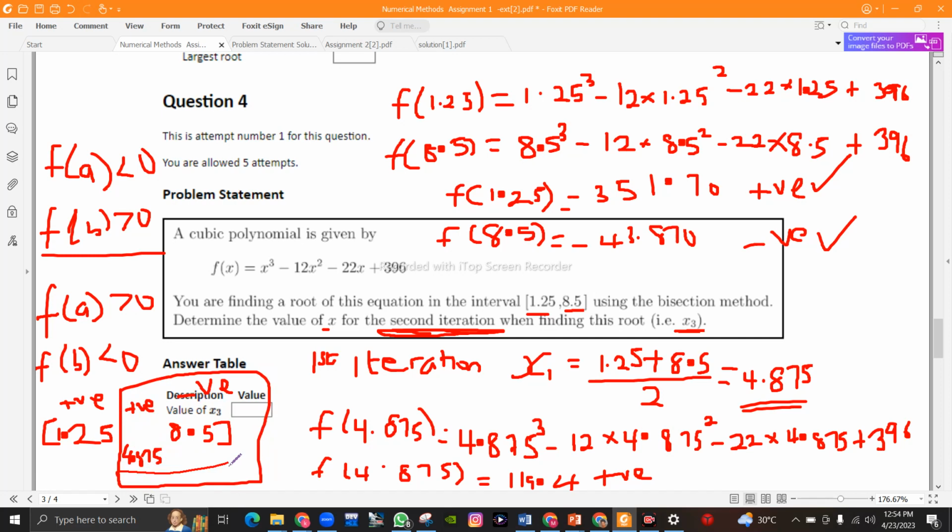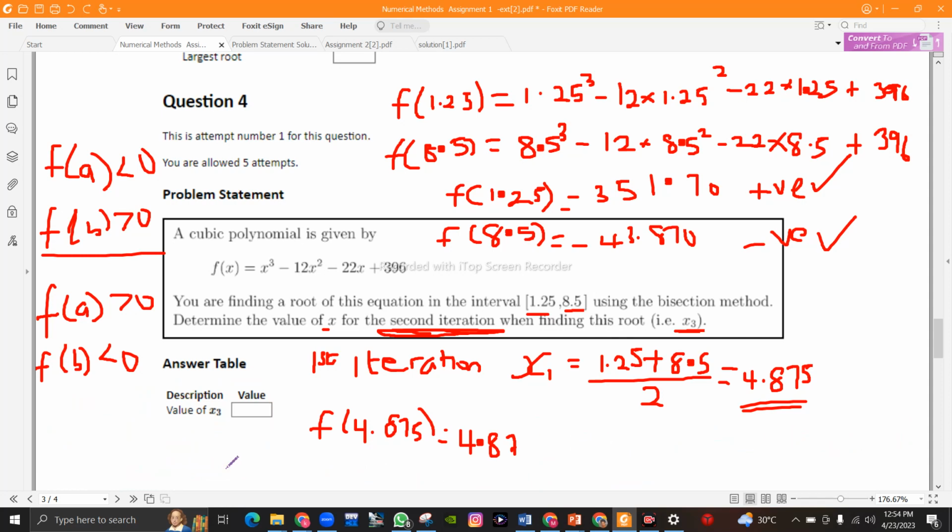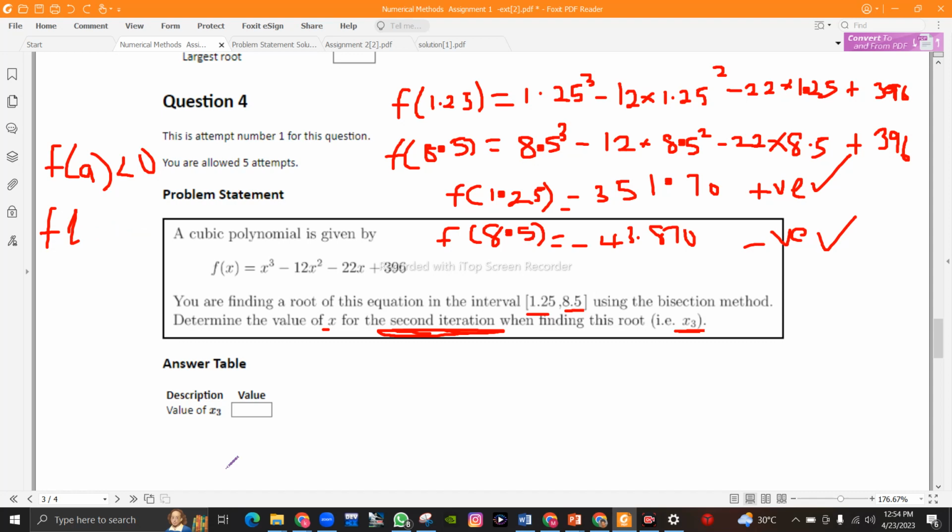So the new root is between 4.875 and 8.5. Sorry, 4.875 gave us positive.